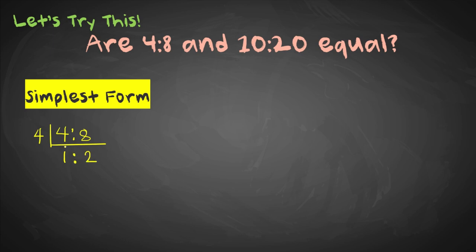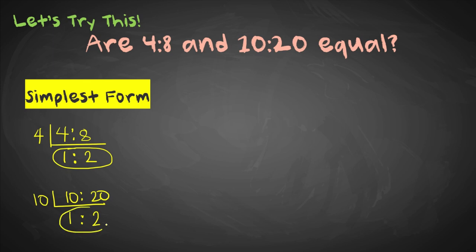So ang simplest form ng 4 is to 8 ay 1 is to 2. Ganun din ang gawin natin sa 10 is to 20. Ang GCF ng 10 is to 20 ay 10. So, again, 10 divided by 10 is 1. 20 divided by 10 is 2. So, ang simplest form ay 1 is to 2. So, pareho sila. They are equal.